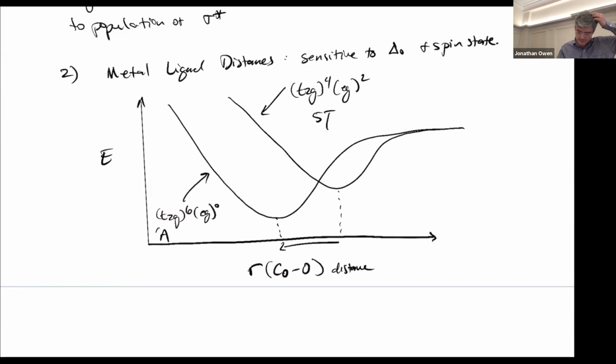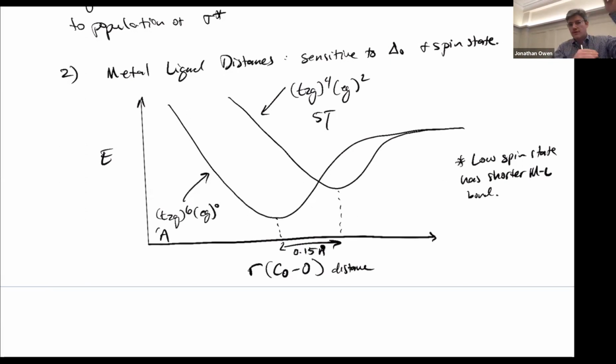They're different by 0.15 angstroms. That's a big change. 0.15 angstroms is a lot. So the low spin complex has the shorter bond distance. And generally speaking, the shorter the distance, the greater the splitting.